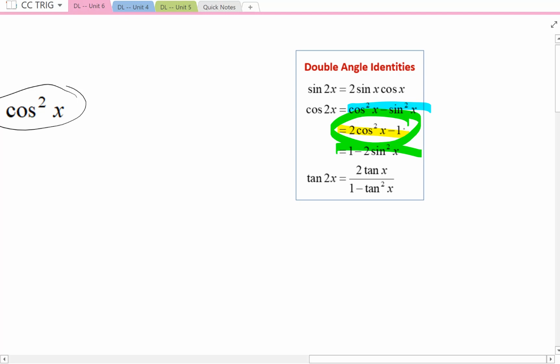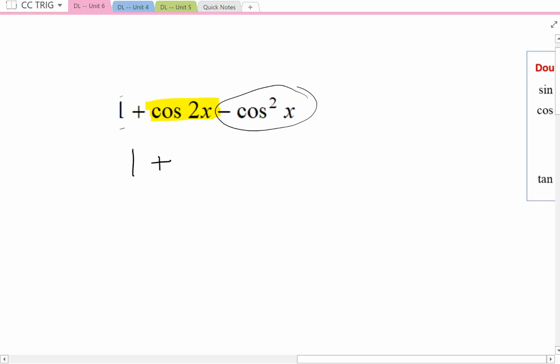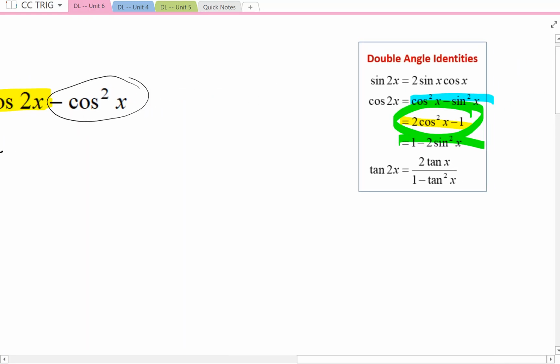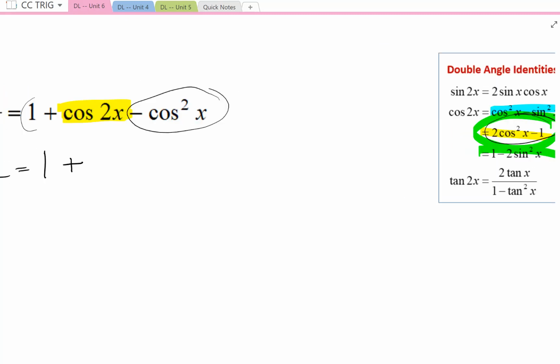Here we have a negative 1 and a 2 cosine squared x. That looks like if I use the same one that I used last time. So I'm going to use the same one we'd used before, although you can very easily use the first one.